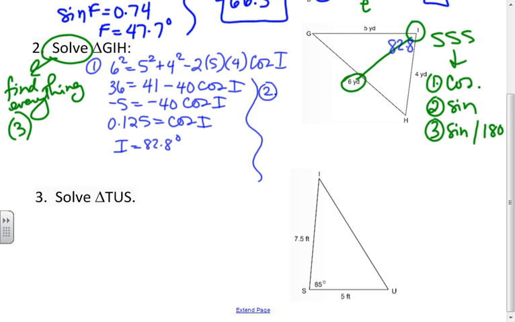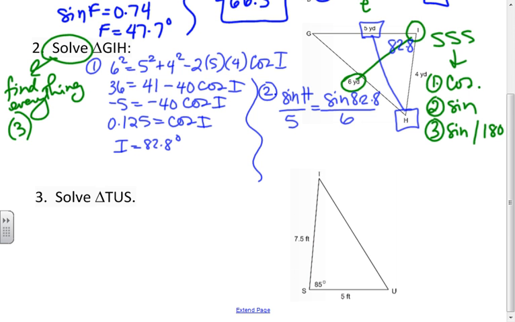Step 2, I can now use the law of sines in either H or G. So let's go ahead and find H. So I can say the sine of H over 5 is equal to the sine of 82.8, which I just found, over 6.